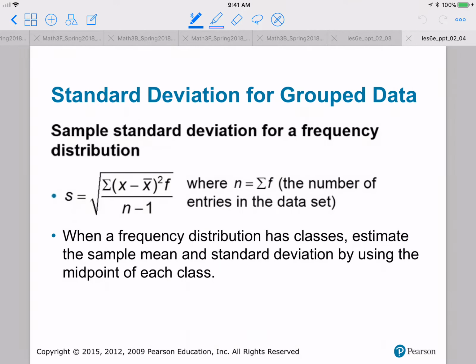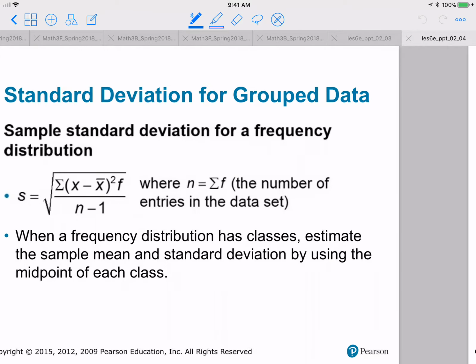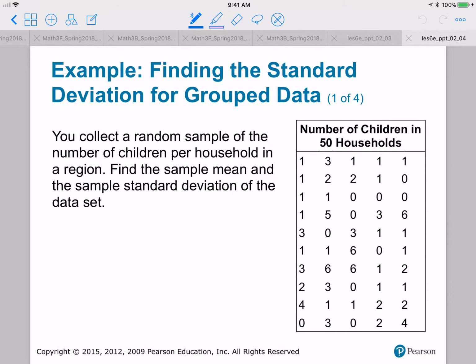Okay. All right. Now the last thing, we've got 2 more points to hit here. And this one right here is standard deviation for grouped data. This is very similar to when we calculated the mean for grouped data. We've got the formula back here.